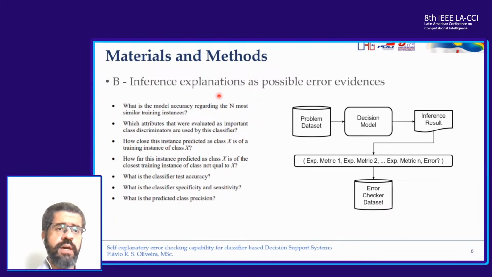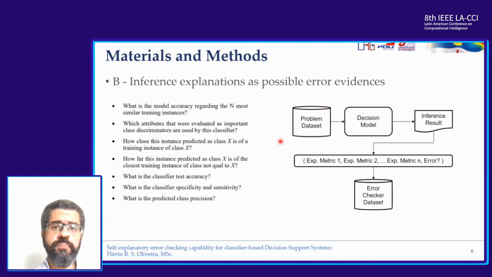For example, which attributes were evaluated as important class discriminators using for this specific inference or for this classifier? And we considered that if we could, by some means, quantify this explanation, I mean, the answer for this question, we could use them to train another classifier, a secondary one, to identify the errors performed during classification.